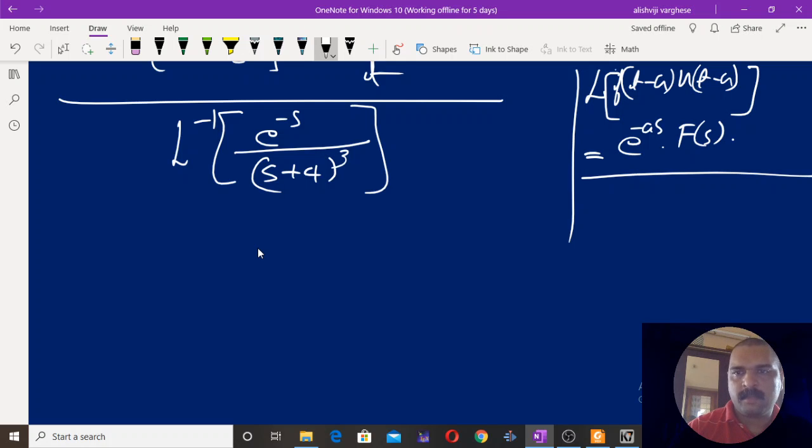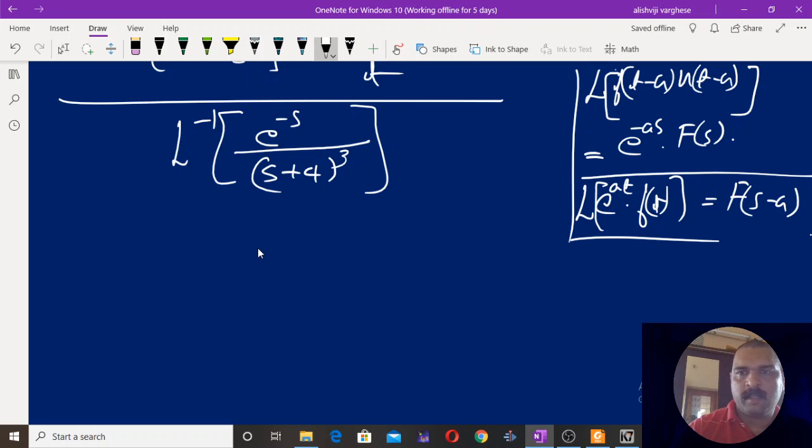Then the first shifting theorem says that the Laplace transform of e raised to at into f of t is equal to capital F of (s minus a). We have to use both these results here.